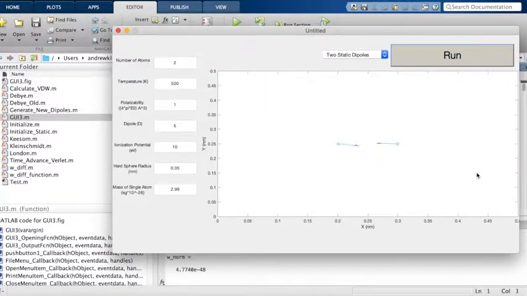All right. Then over time, we'll watch as our simulation progresses. And here we go. So we're just watching over time the evolution of our system.